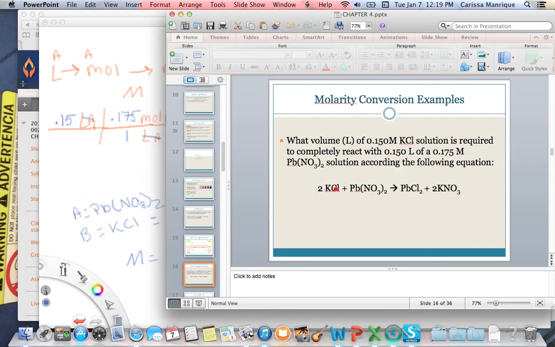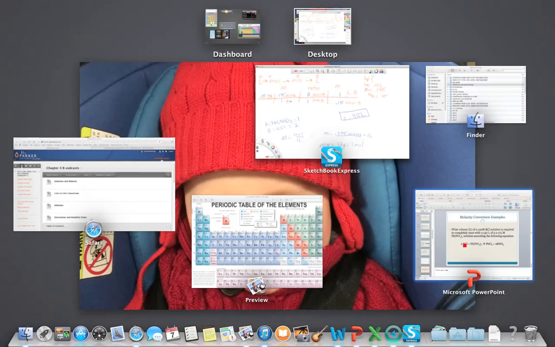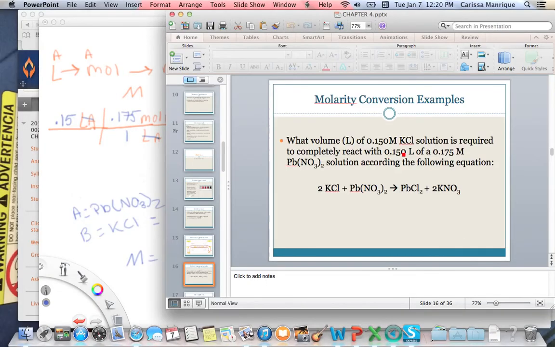Because I want the reaction to go to completion. So I want these to react, or there's nothing left of them. They fully go to product. And so what do I need? How much of this do I need to add if I add 0.15 liters of this? And the answer is 0.35 liters. Okay? So if I add 0.35 liters of potassium chloride in there, it will be able to completely react with the lead nitrate, 0.15.